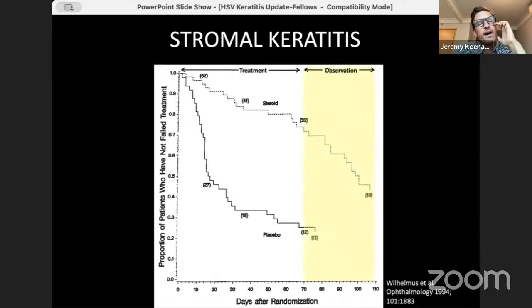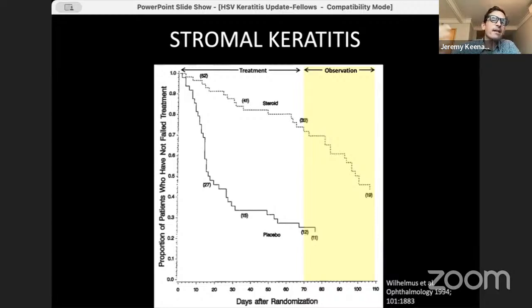They did then follow people for a little bit longer after they had stopped. And you can see that steroid group, originally during the first 10 weeks, did great. But once they stopped the steroids, so many of them ended up failing and having recurrence of their inflammation. So this is telling us that we probably need a longer treatment duration than just 10 weeks of steroid.